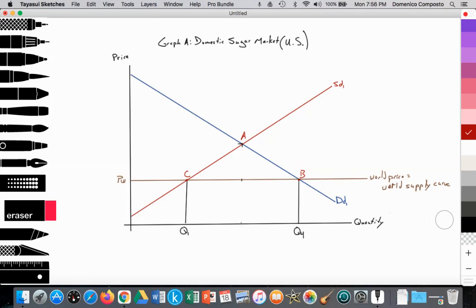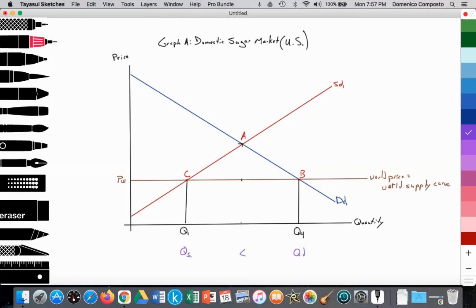We notice that at the world price, Q4, the quantity demanded, is greater than the quantity supplied. Thus, the distance between Q1 and Q4 represents the imports. So a large quantity of imports is coming into this nation.